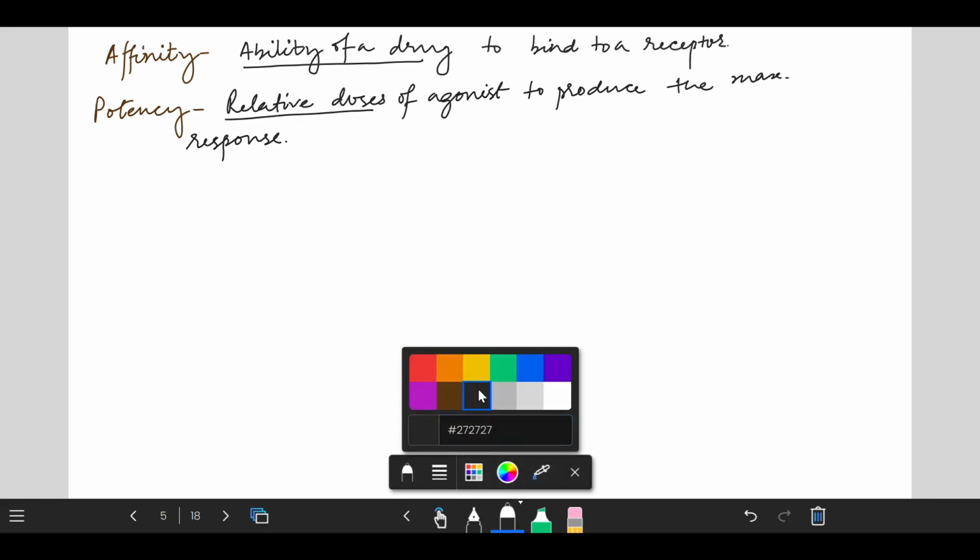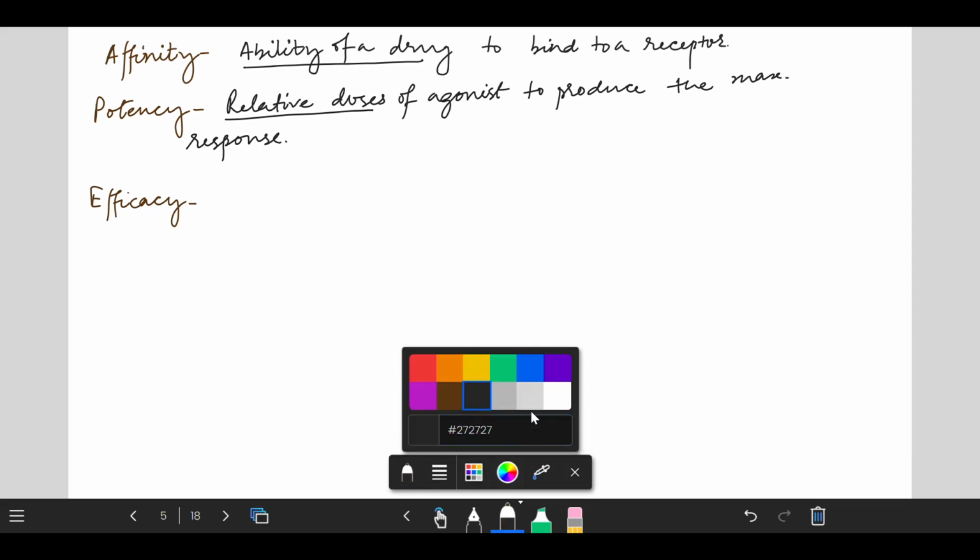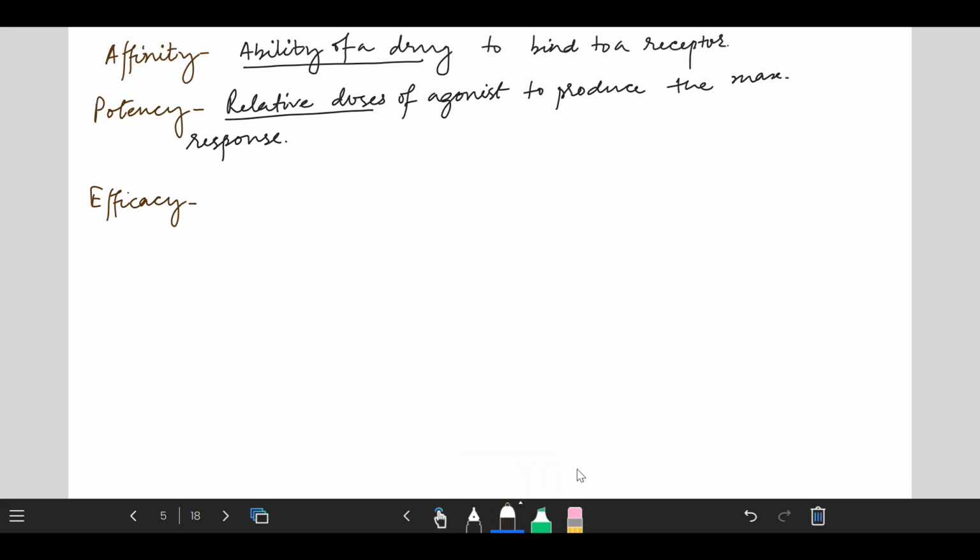Now we will understand the efficacy of a drug. Efficacy is actually a measure of how well a drug produces a response, or we can say it is the maximal effect an agonist can achieve at the highest practical concentration.